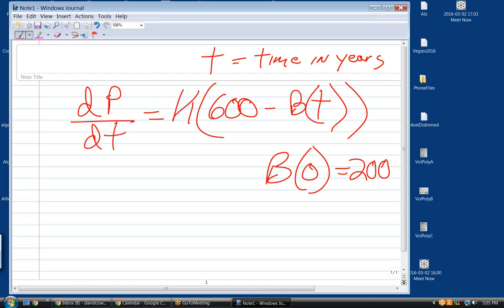Differential equations always have two differentials in them. You never have just one differential. It doesn't make sense to say dp equals 10. In other words, you can't have one differential without another one. Now, the way you solve these problems is by separating the differentials, get all your p's on one side, all your t's on the other.